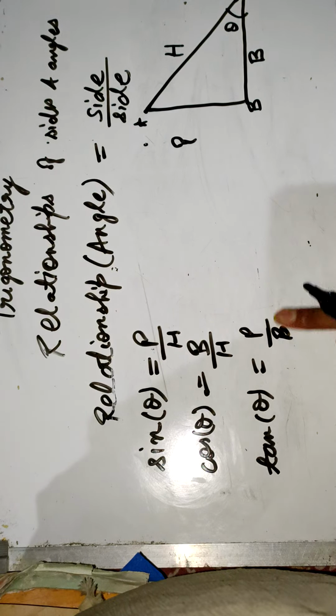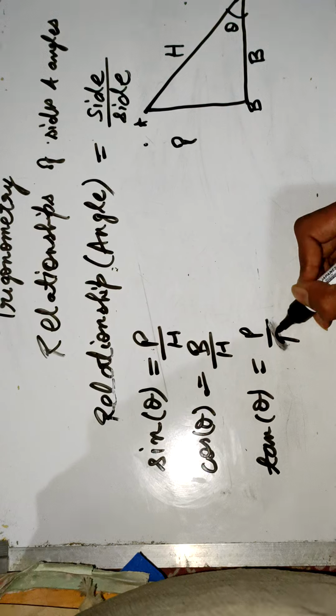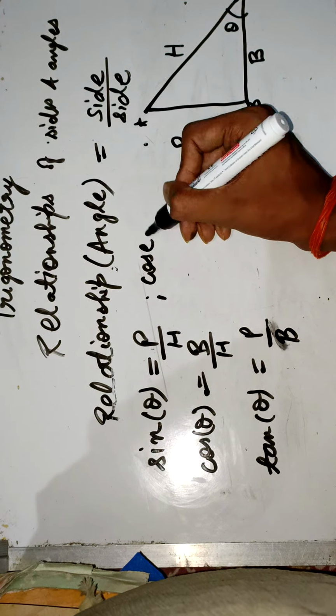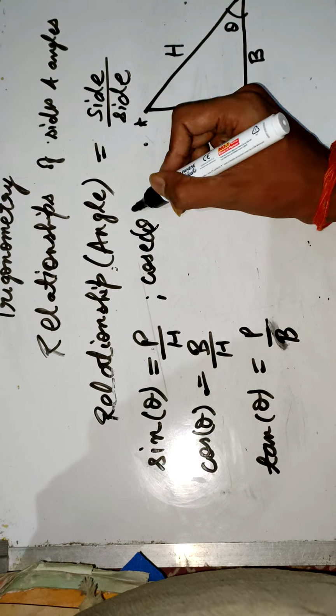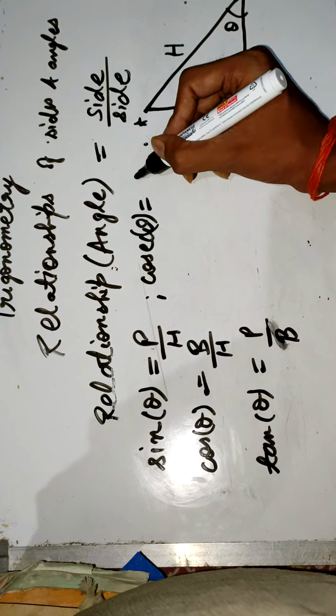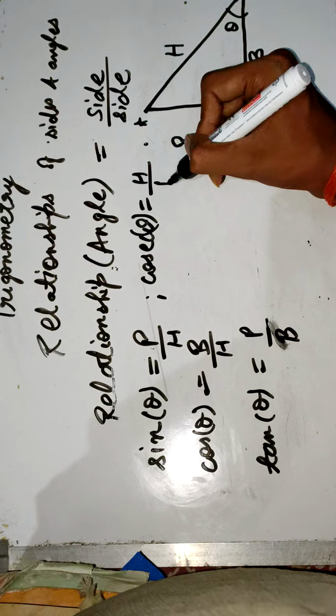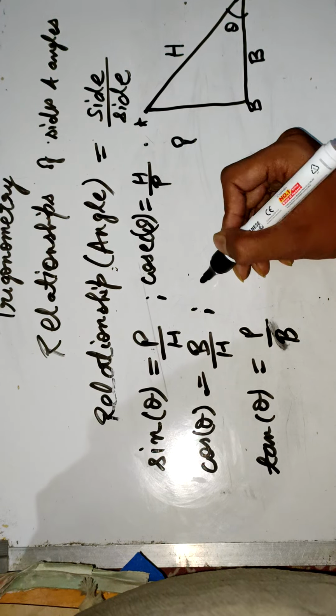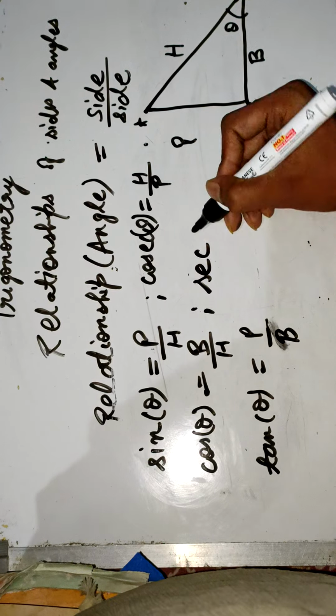Now when you are moving towards the reciprocal functions, cosec theta is equal to 1 upon sine theta, that is equal to hypotenuse upon perpendicular. Then we have the reciprocal of cos theta, that is sec theta.